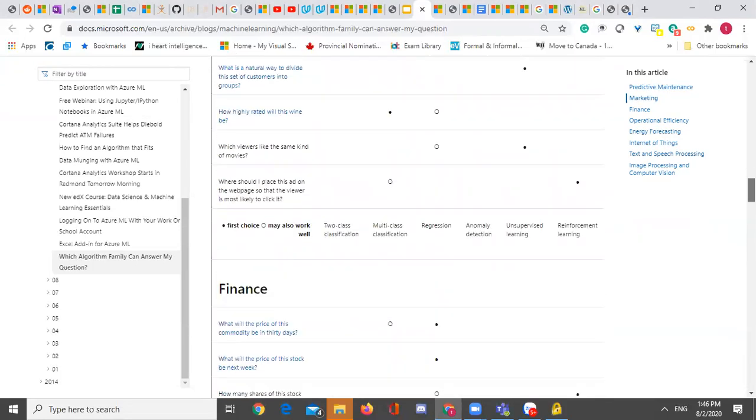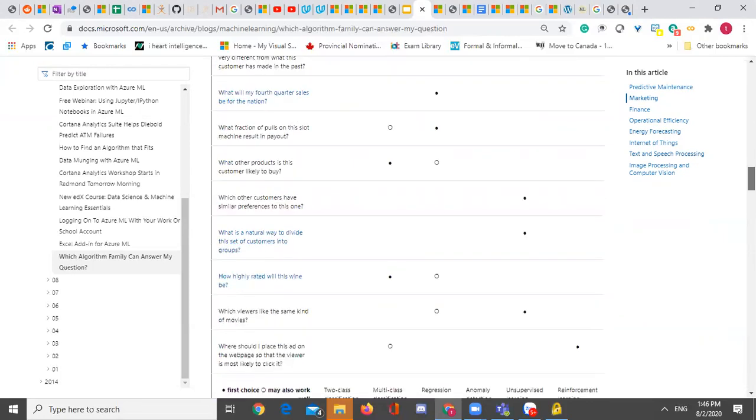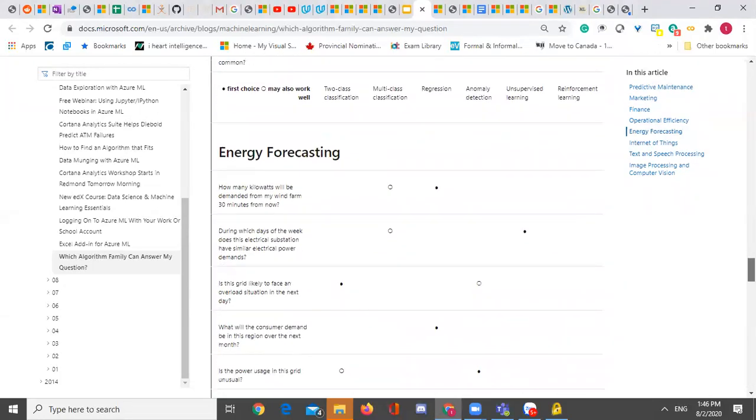So I'll go through it here for you. In this blog, there's a breakdown into marketing, finance, I think insurance too, and operational effectiveness. Each field will be very similar to your test, because in your test there will be a section on the business, which will identify the situation: what the business does, what they are looking for, why they want that, and then based on that information you have to choose.